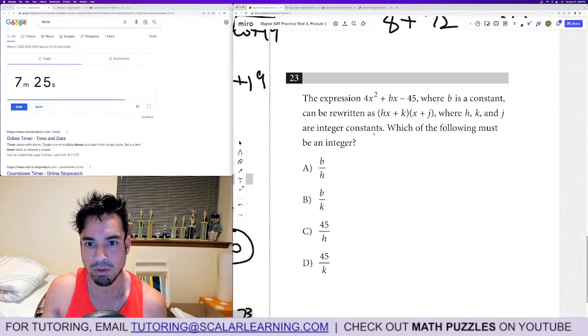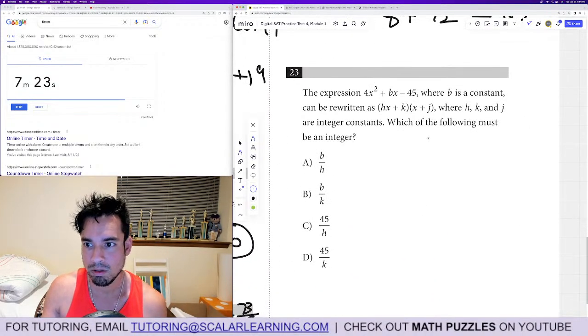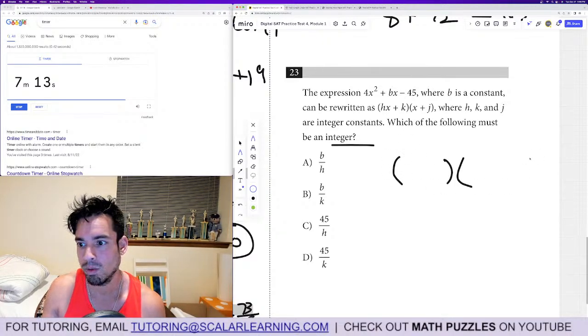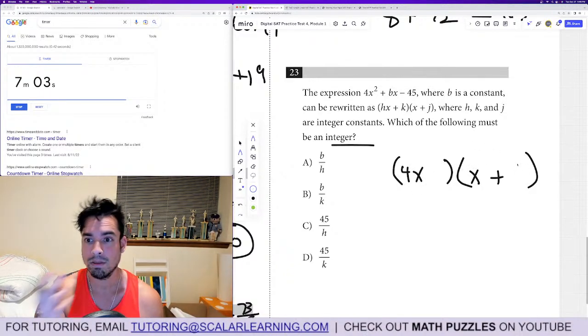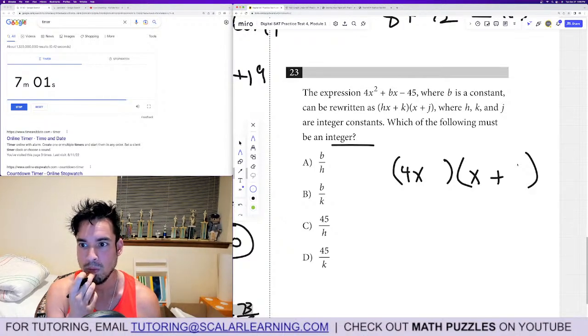Got to hustle. 23. The expression 4x squared plus bx plus 45 is equivalent to (hx plus k)(x plus j), where h, k, and j are integer constants. Which of the following must be an integer? Okay, what? All right. So we know that we've got x plus something. And obviously, if this is just x, that's got to be a 4x, right? And then we've got 45, where b is a constant.